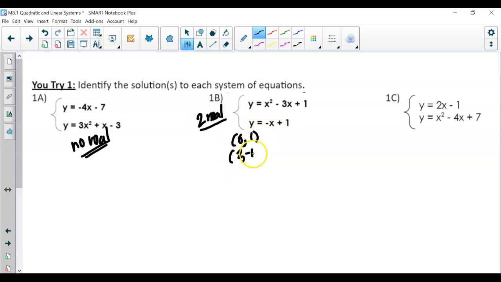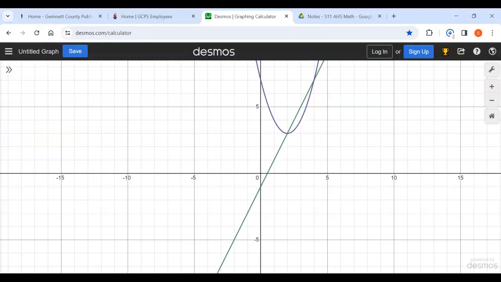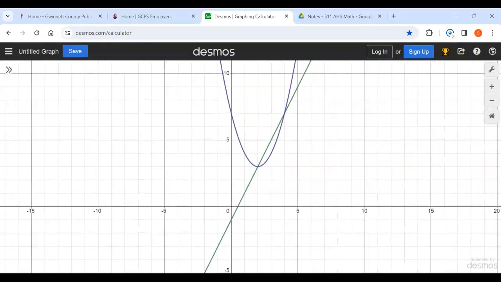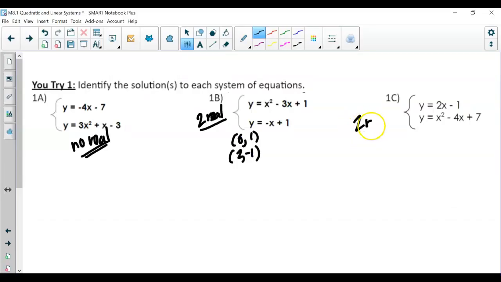For the third You Try, when you graphed in Desmos, you should have gotten this. Notice again how many solutions? 2 real, because they cross at 2 points, 2, 3, and 4, 7.